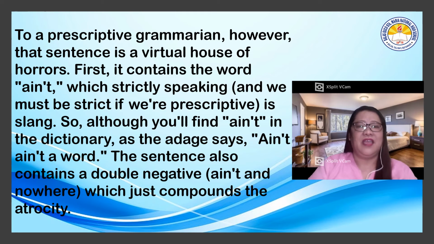First, it contains the word ain't, which, strictly speaking, and we must be strict if we're prescriptive, is slang. So, although you'll find ain't in the dictionary, as the adage says, ain't a word. The sentence also contains a double negative, ain't and nowhere, which just compounds the atrocity.